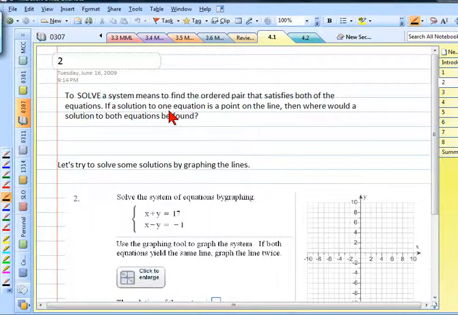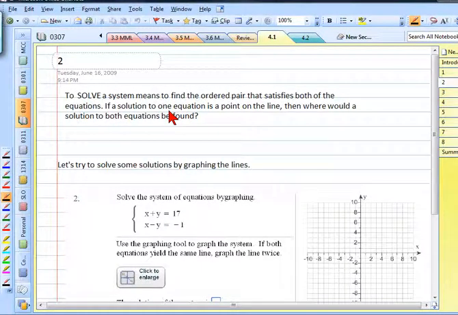So let's think about that for just a minute. If a point is a solution to an equation, then it is literally a point on the line. If a point is a solution to a system, then that means it has to be on both of the lines. What's going on physically for a point to be on both of the lines?